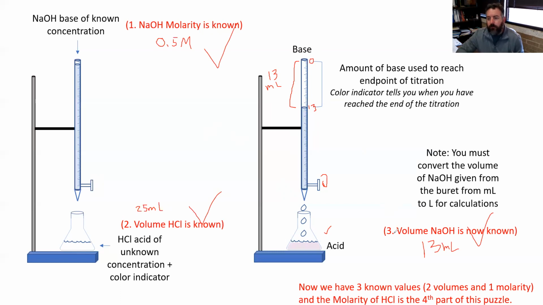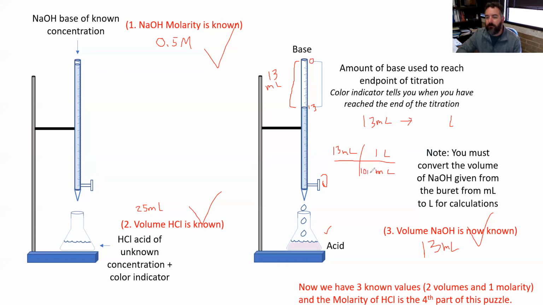Now what we need to do first is convert milliliters to liters. We said we had 13 milliliters. Always convert that to liters. How do you do that? You can do dimensional analysis: 13 milliliters, and I know from my lecture that I can convert milliliters directly to liters. I give the larger unit the value of 1 and define how many of the smaller ones are in there.